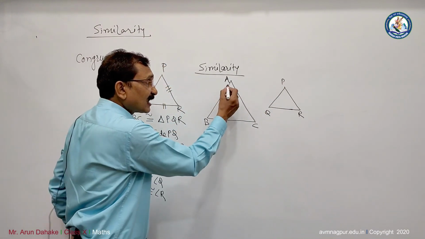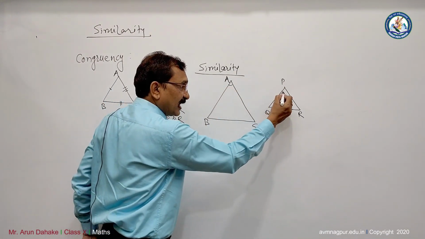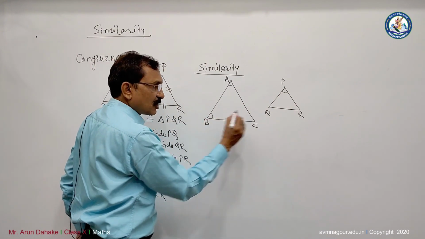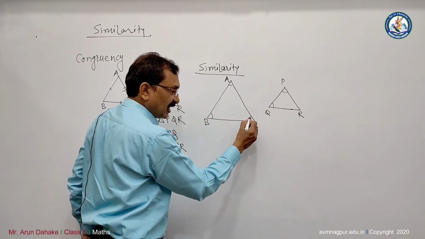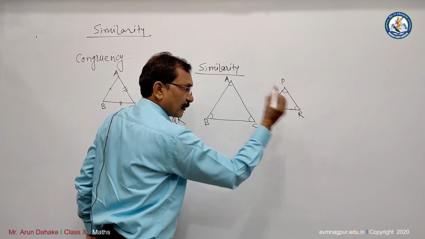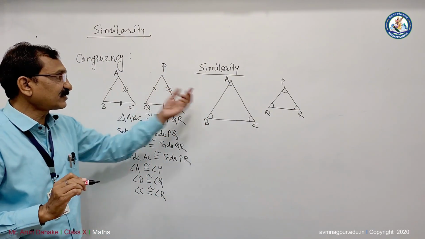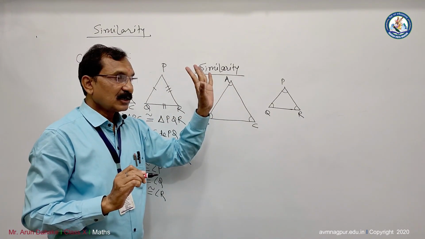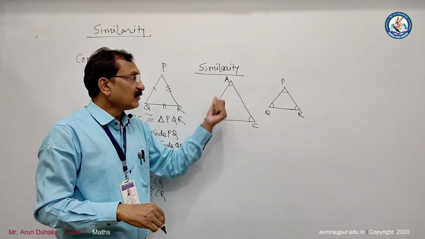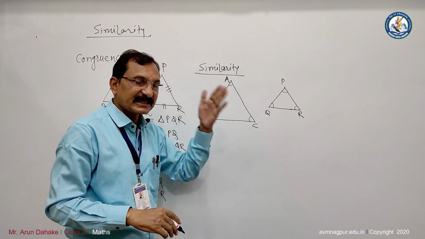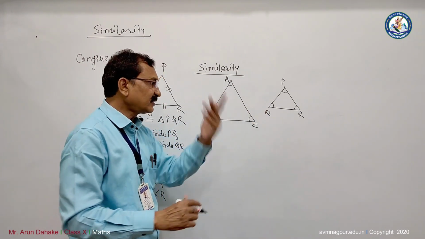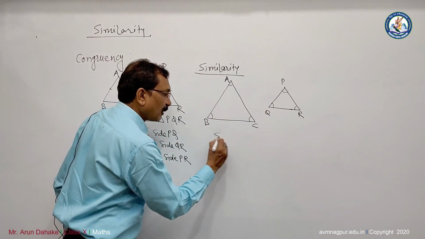Now the angles are congruent here. Angle A is congruent to angle P, angle B is congruent to angle Q, and angle C is congruent to angle R. These angles are congruent, but we cannot say that sides are congruent. Now in this similarity, when two figures have the same shape but different size, then sides are in proportion.